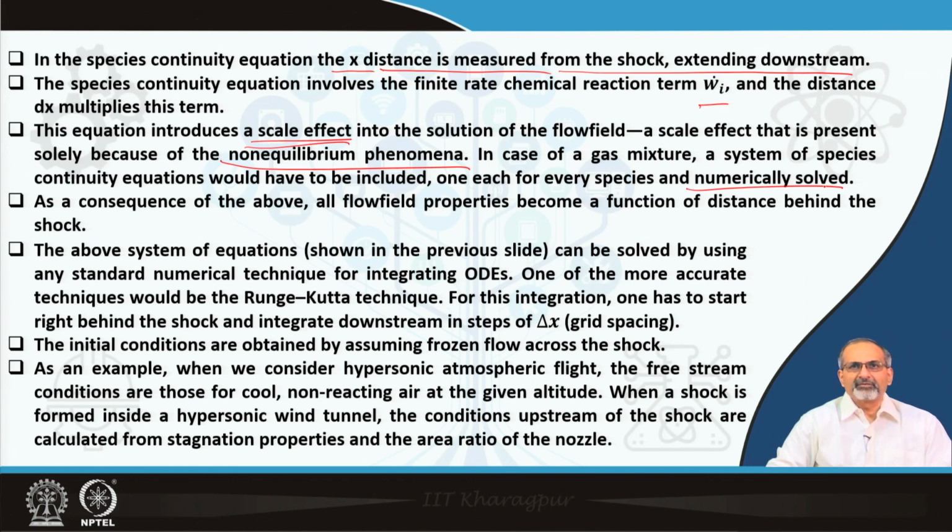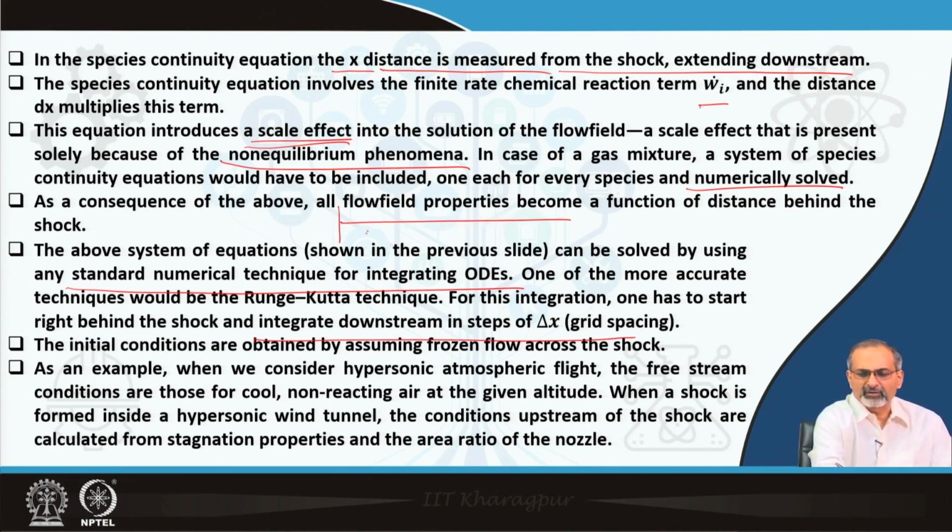The above system of equations can be solved by using standard numerical techniques for integrating ODEs like the Runge-Kutta technique, and for this integration one has to start right behind the shock and integrate downstream in steps of small lengths delta x, which we basically talk about as a grid spacing.